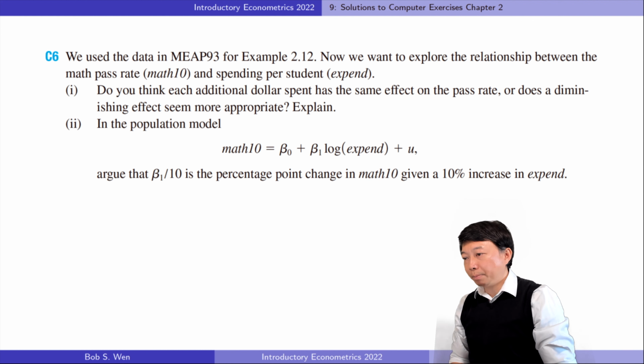Since the outcome variable is measured in percentage points, beta 1 is the percentage point change in the outcome variable with respect to a 100% change in the explanatory variable. So beta 1 divided by 10 is the percentage point change in mass given a 10% increase in the expenditure on students.